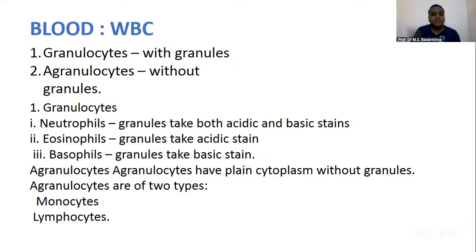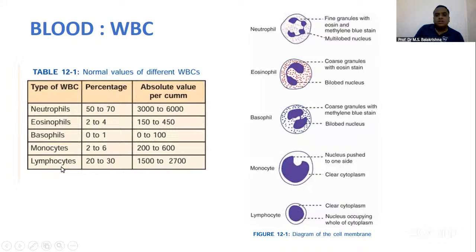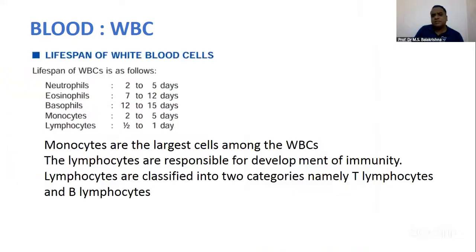Basophils take basic stain. Agranulocytes have plain cytoplasm without granules, and are of two types: monocytes and lymphocytes. So these are the different types of WBCs. Just learn the basics only, nothing much from this particular slide.